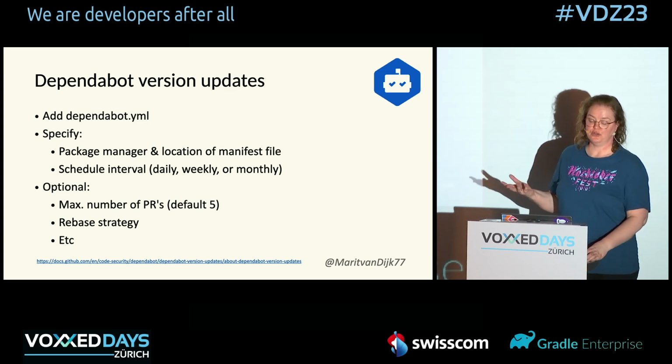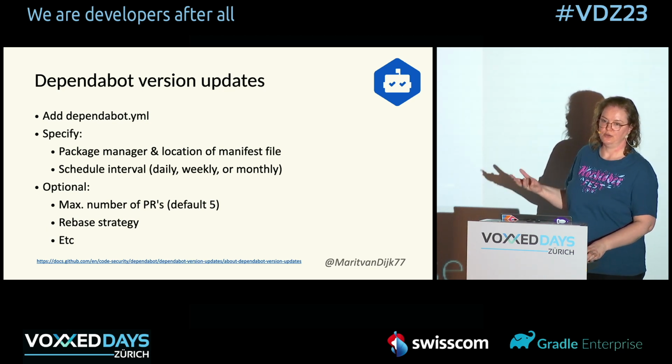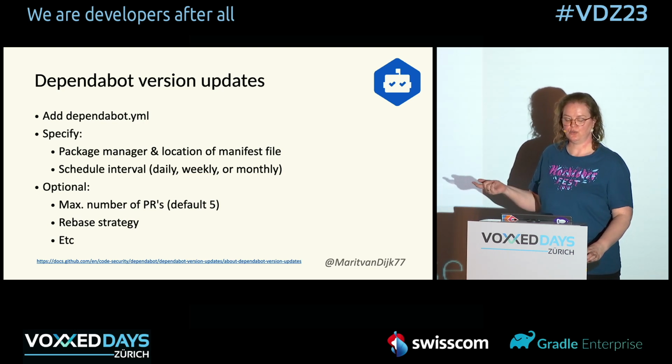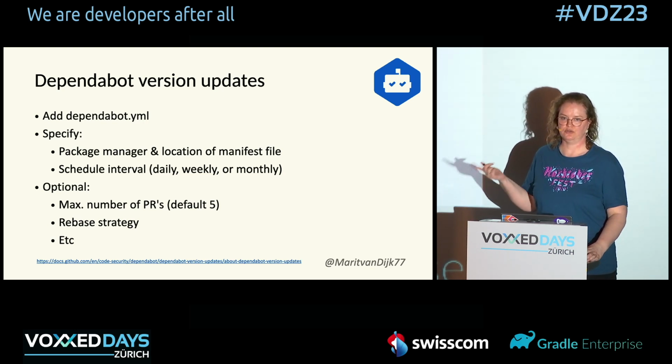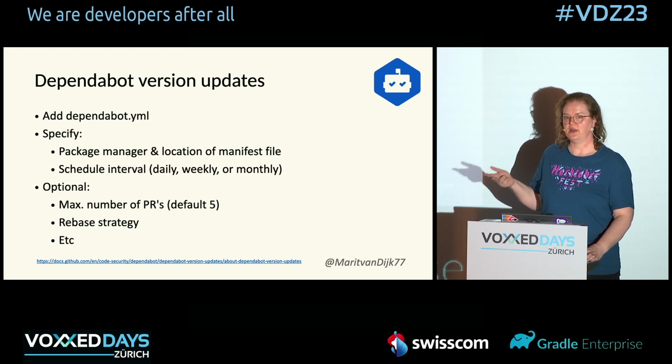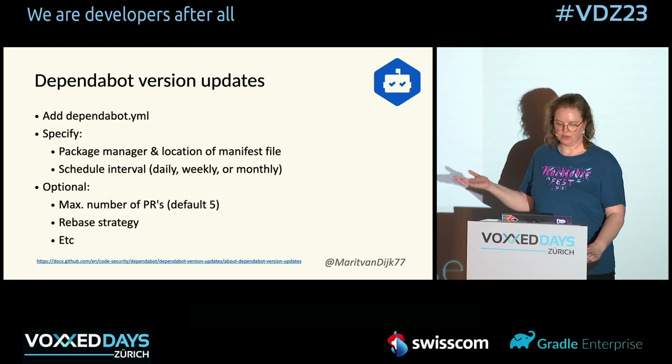If you want to have version updates as well, you need to add a Dependabot YAML file where you specify the package manager and the location of the manifest file, so the POM XML or build Gradle. You need to provide the schedule interval of daily, weekly, or monthly.